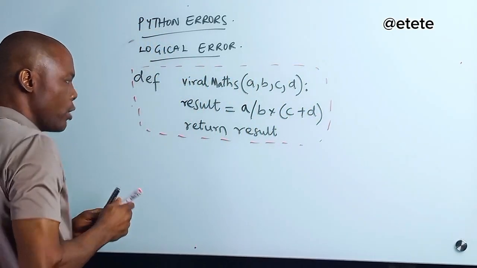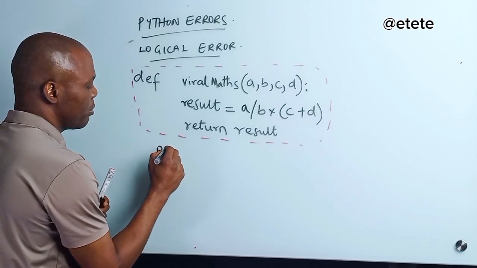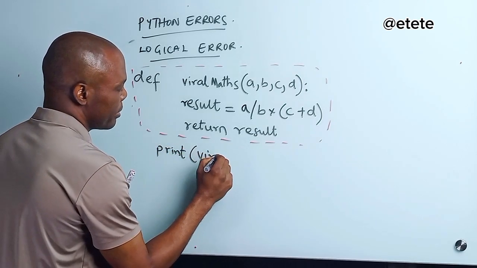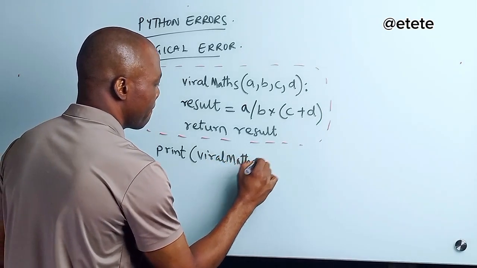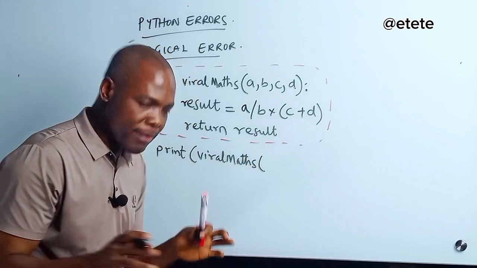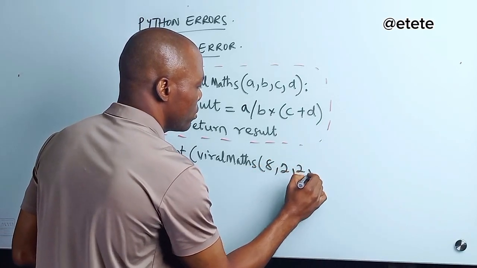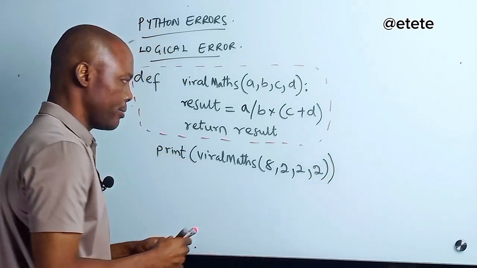Right? Now, this is my function. So I'm going to call this function now and print out the output on the screen. I'll say print, then I'll say viral math, and I'll supply the same values, 8, 2, 2, 2, right? And then I'll close this here.